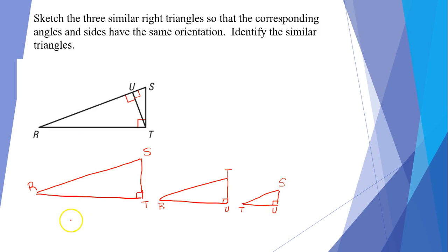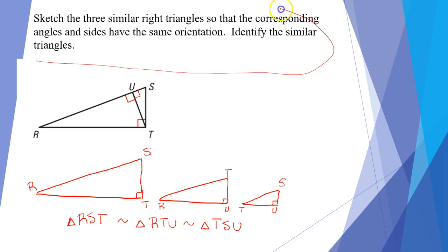I'm going to state that, well, this triangle, and I'm just going to go in a clockwise motion here, starting with R. I'm going to say R, S, T, is similar to triangle RTU, and that's similar to TSU. And that is what I wanted you to do on this page right here. That is what this whole thing was talking about.